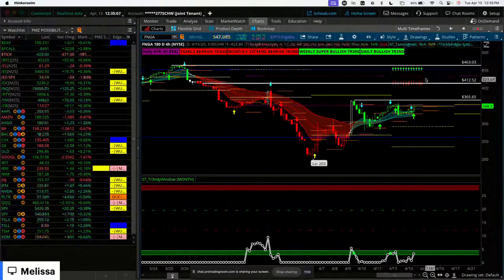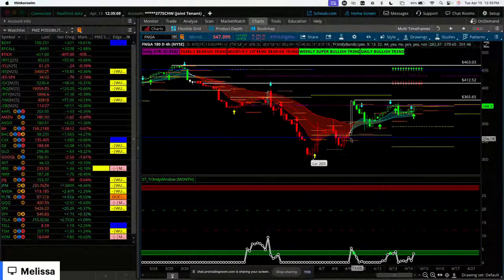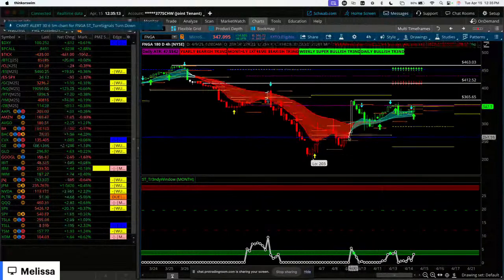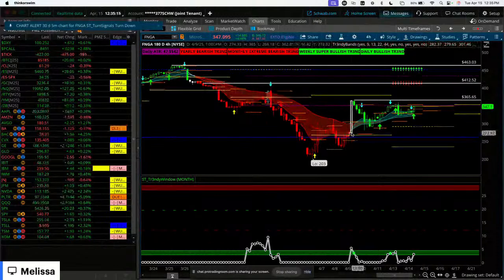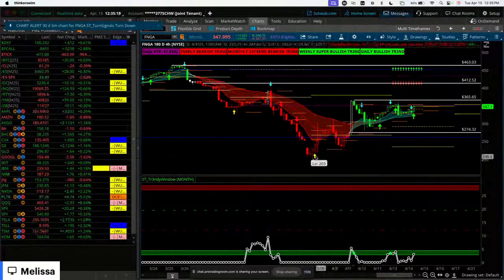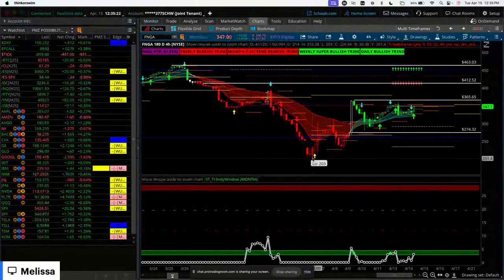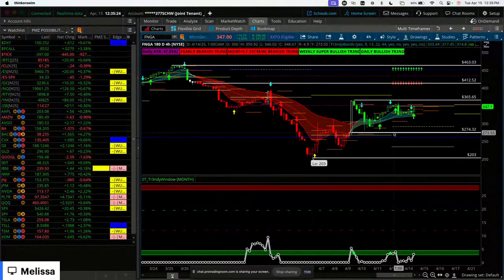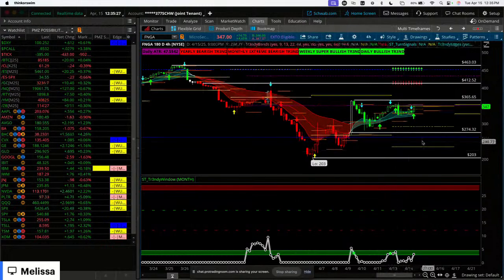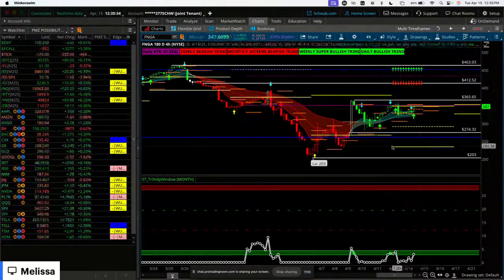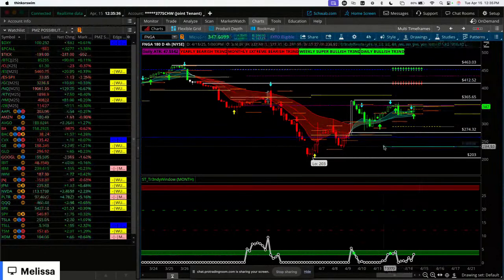Those would be the targets. I know that you're already in this trade, but if someone was looking for a potential entry, then I would say that anywhere between 274.32 and 203 would be the area that I would be looking to get long FNGA if there were a pullback, and especially this lower weekly edge here at about 235.